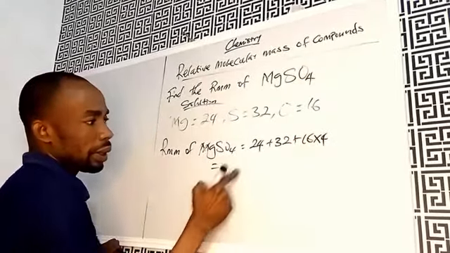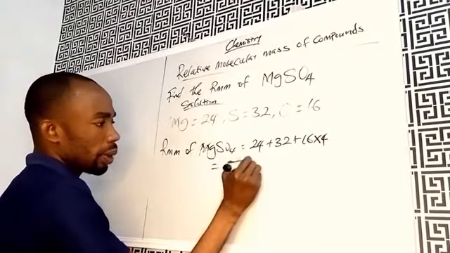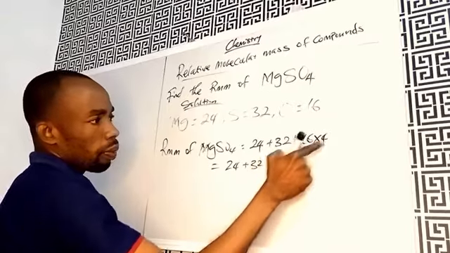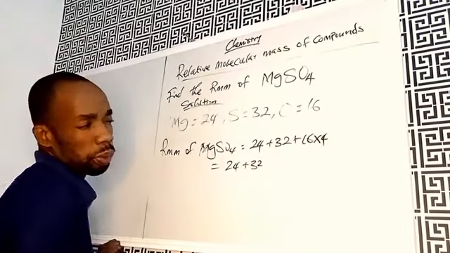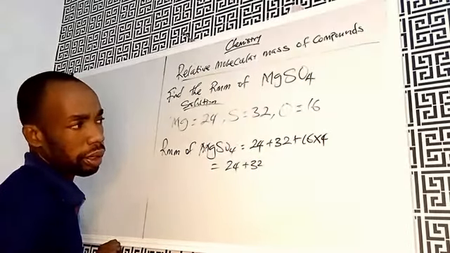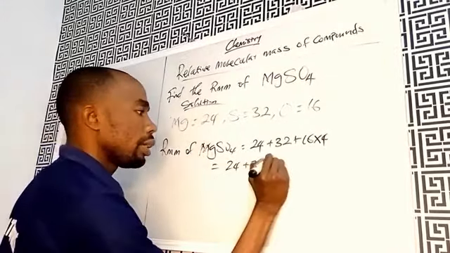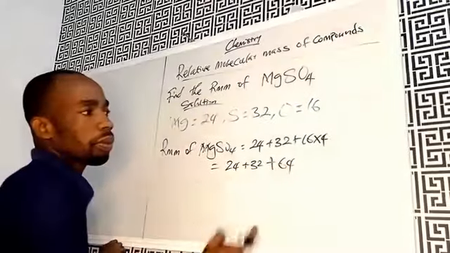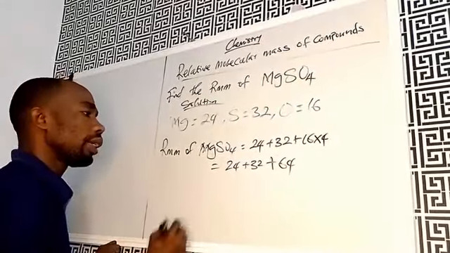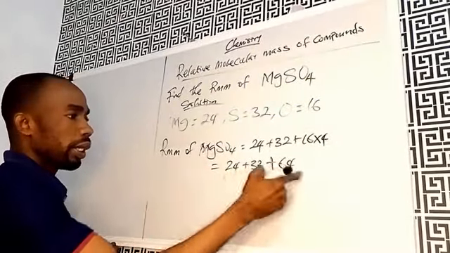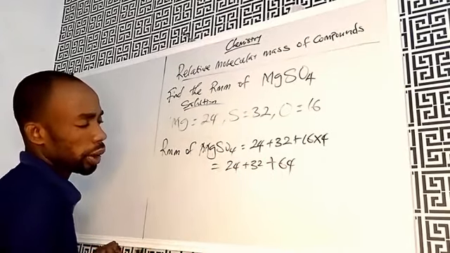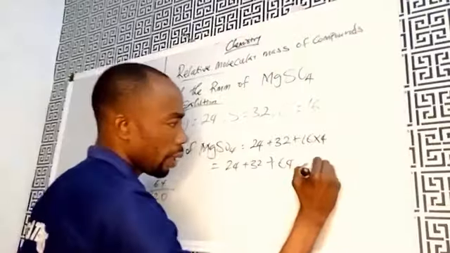So let's find out. We have 24 plus 32. 16 times 4 should be giving us 64, I guess. Yes, 64. So we now add these things up. 24 plus 32 is 56, plus 64 gives 120 gram.